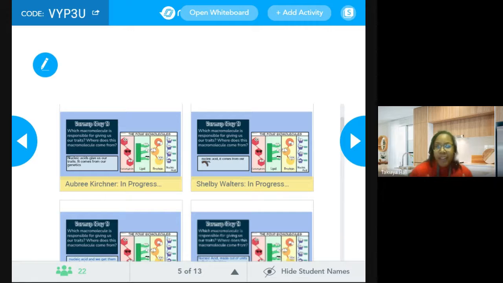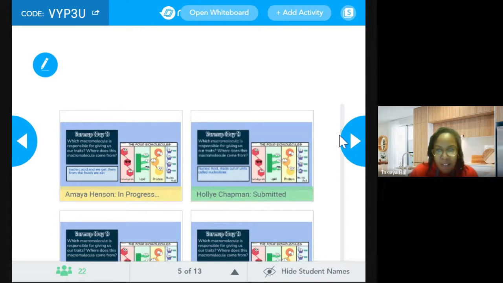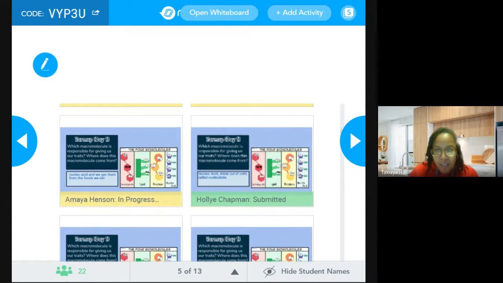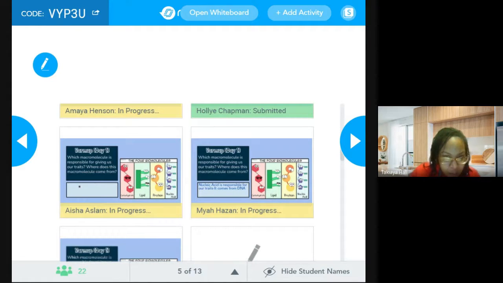But where do we get nucleic acids from? Remember we talked about how we basically get macromolecules from certain things. So where do we get them from? You remember, so deoxyribonucleic acid is what DNA stands for.